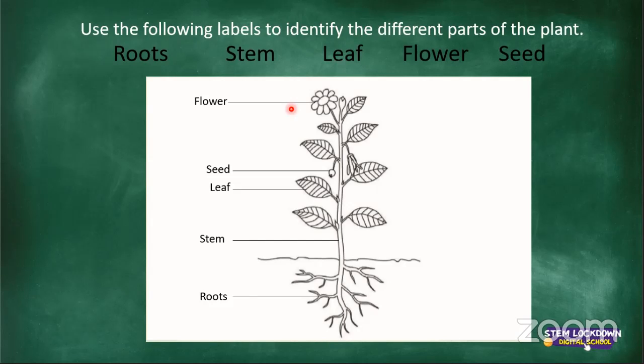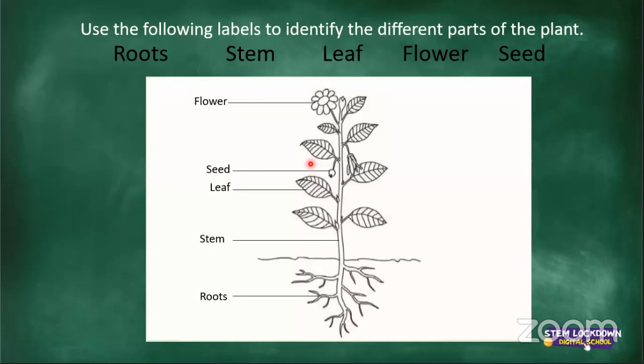Okay, now let's speak about the seed, because a lot of seeds are in the flowers, yes. But now I want you to specifically tell me why the seeds are important. What is the function of a seed? What does it do? Think about what happens when the wind takes it somewhere else. What happens? There we go. Nokwanda, good job.